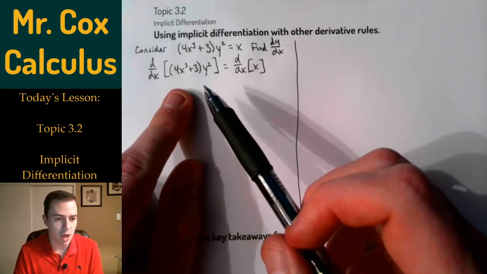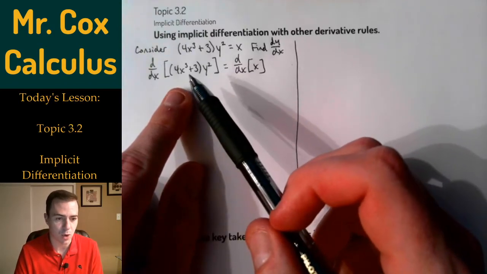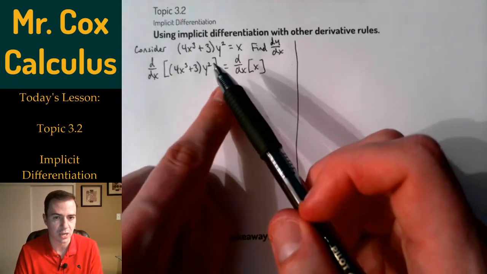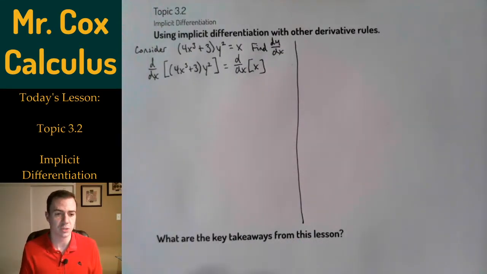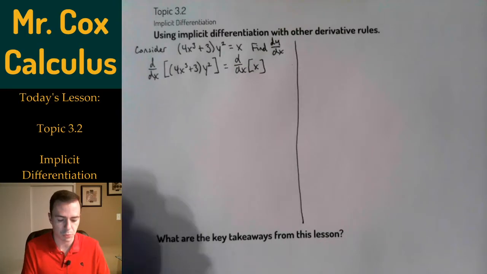Now obviously, the action is going to occur over here on the left side of this equation. This is the product of two functions: 4x cubed plus 3, times y squared. So in order to take the derivative with respect to x of that product, I need to use the product rule.